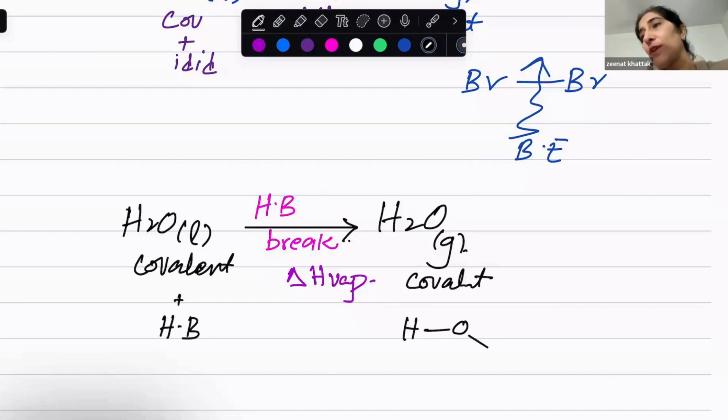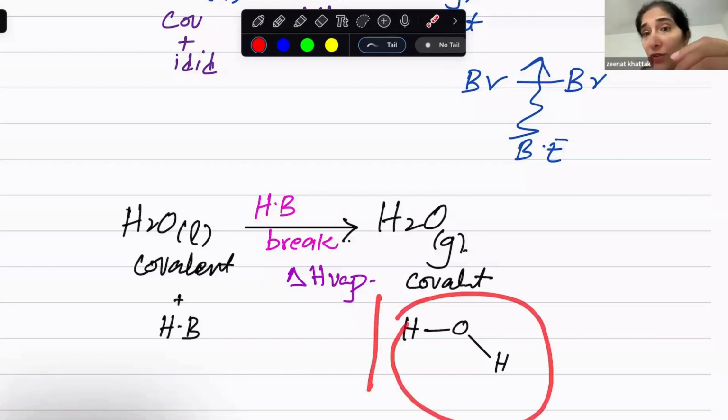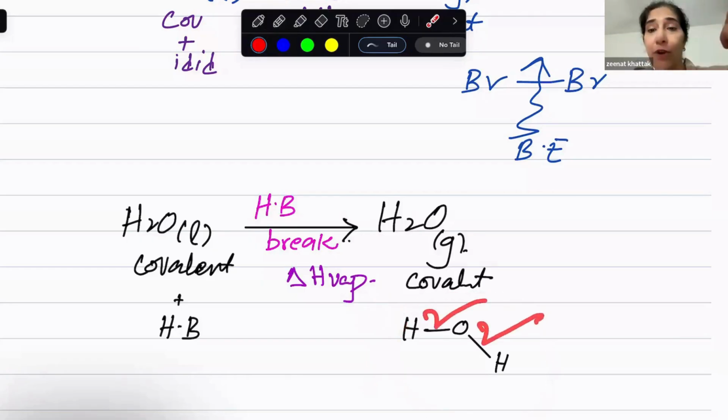you know I'm using 1 mole. I'm not using 1 molecule. In 1 molecule, 2 bonds. In 1 mole of molecules, 2 moles of bonds, right?